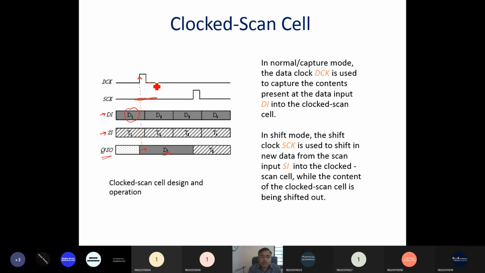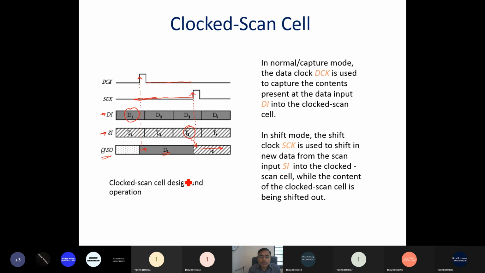Then there is no clock, so the output is holding the D1 value, and you can see here the shift clock is high. So now in the output it is the shift input data instead of D1. At that time the shift input data is T3. So T3 is loaded in the output and it is held until the next clock.